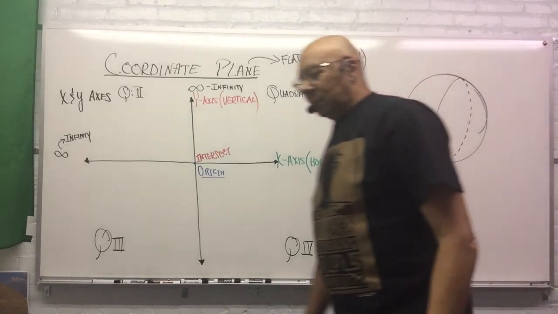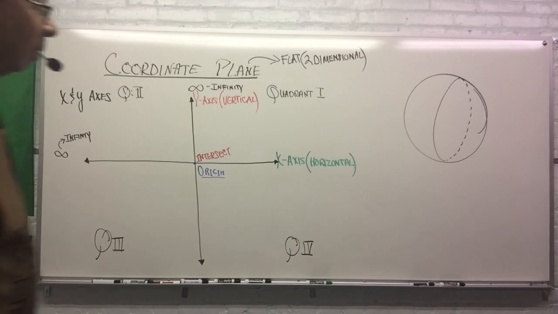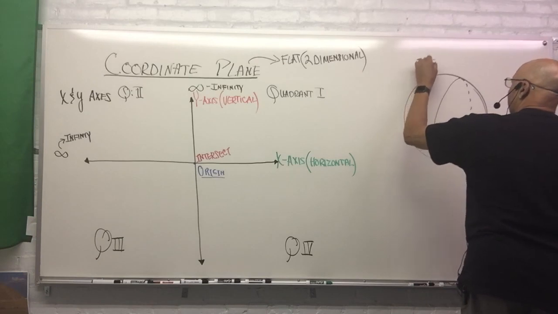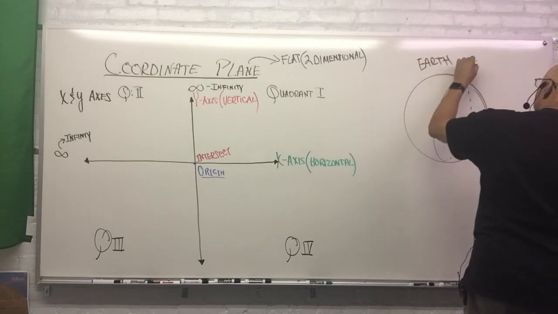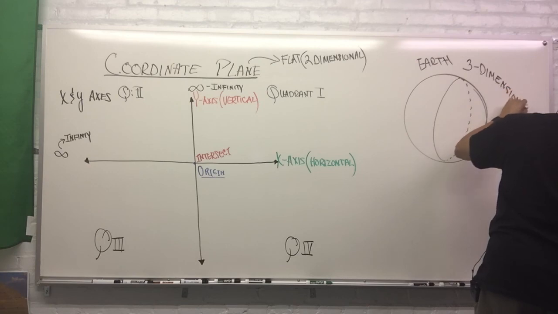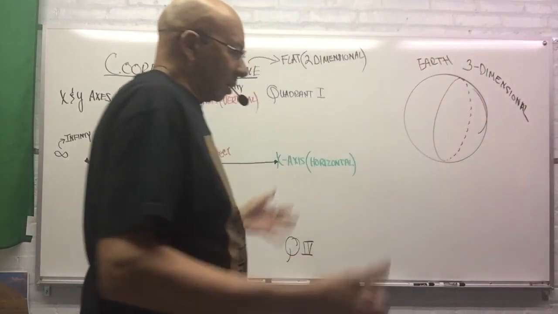If that looks a little bit like a ball, which I hope it does to you, if that was the planet Earth, let's say this was Earth. See, the Earth is three-dimensional because it has thickness.